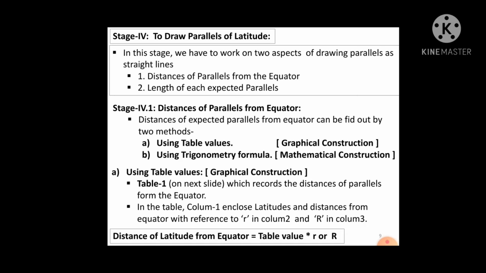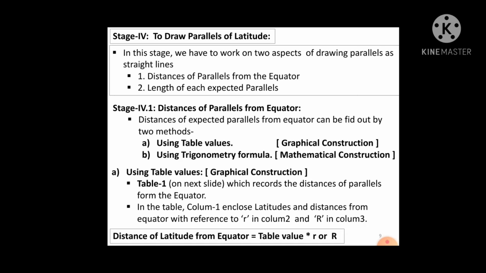So first one, A, using the table value. It will be beneficial for the graphical construction, no doubt. There is a table 1 in the next slide. You will find certain values of respective parallels from the equator, which will help to find the distances. In the table, column number 1 encloses the latitudes, and distances from the equator with reference to r are in column number 2 and column number 3.